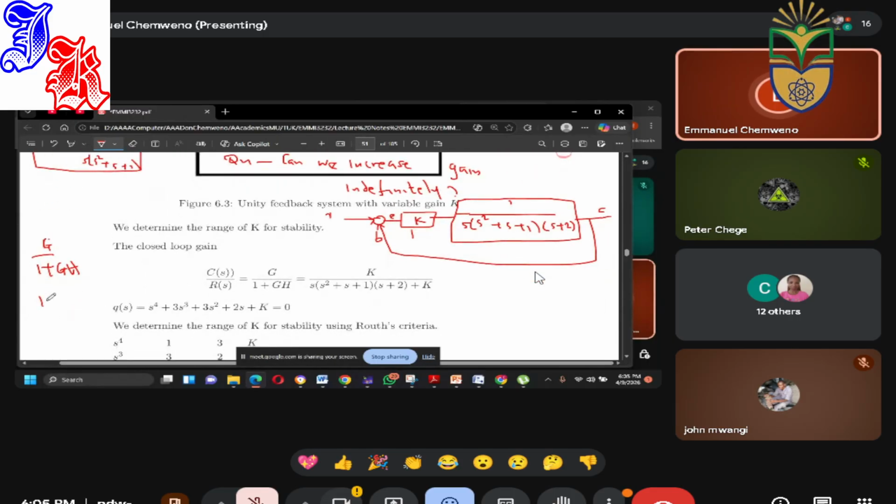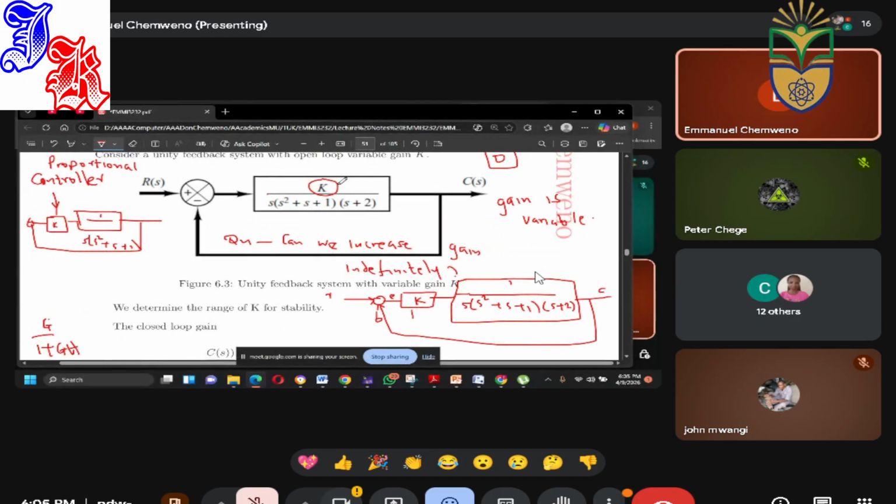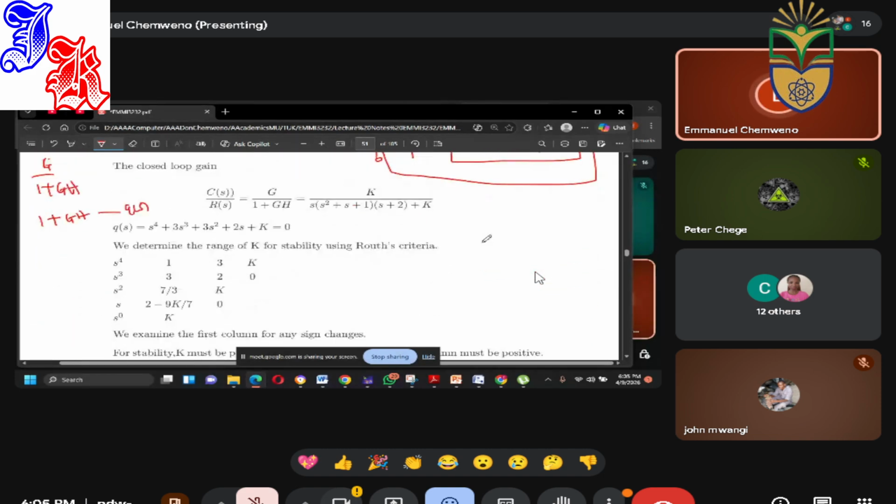So that 1 plus GH is the characteristic equation. H is 1, so 1 plus GH is equal to 1 plus K over s squared plus s plus 1, times s plus 2.